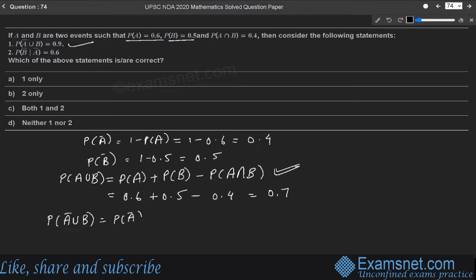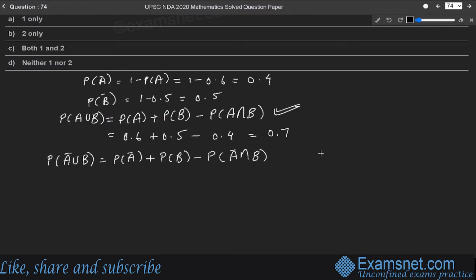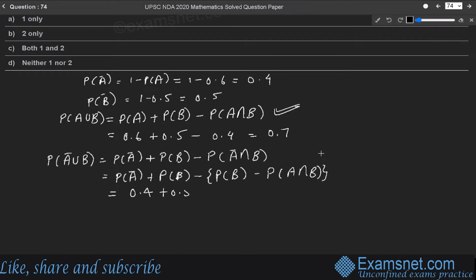So it will be P of A bar plus P of B minus P of A bar intersection B. On further solving, it will be P of A bar plus P of B minus, see, P of A bar intersection B can be written as P of B minus P of A intersection B. So now putting the values, we will get 0.4 plus 0.5 minus 0.5 minus 0.4, which is equals to 0.8.